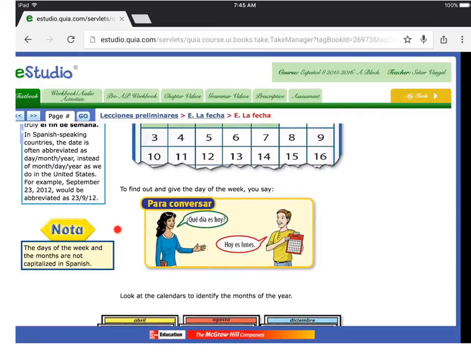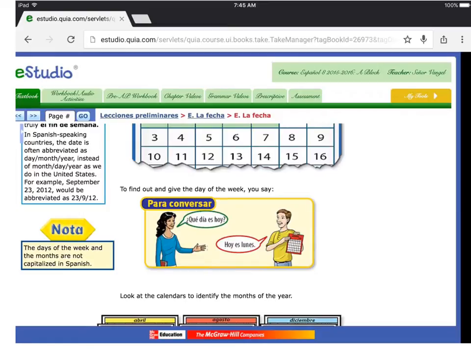And we want to pay attention to this nota over here that the days of the week and the months are not capitalized in Spanish. That's something a little bit different for us culturally. But again, ¿Qué día es hoy? What day is today? And he says today is Monday. So you can tell somebody what day it is. Now, after this first little section, we know the 7 days of the week, and we know how to ask and tell what day it is.